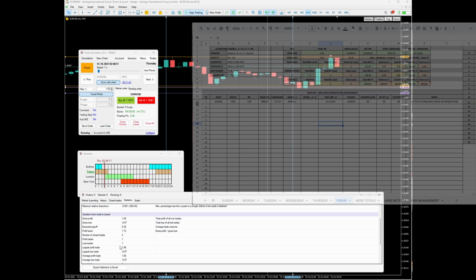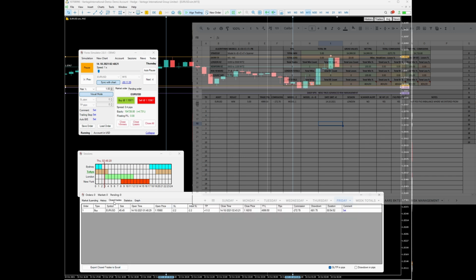Profit trades 1, loss trades 1. So why closed trades? Because they're mapping the actual round trip, the buy and the close of the buy, right? So this is quantified too. Opened by the user and closed by TP, balance, we did 11 pips.